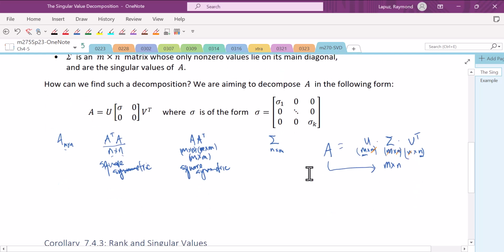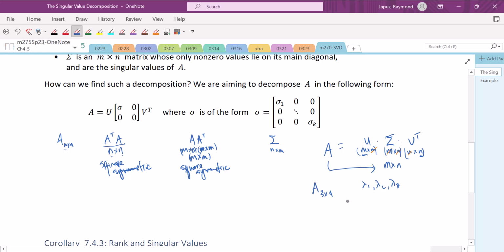Let's just take for an example, if A was a 3 by 4 matrix, and then you got your eigenvalues. Let's say you have 3 non-zero eigenvalues: lambda 1, lambda 2, lambda 3.